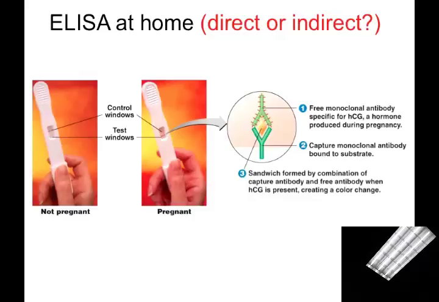Okay, so what we have is a piece of paper to which is fixed our monoclonal antibody, and we're looking for whether or not this person has antibodies against a hormone that's made during pregnancy. So on this strip we have the antibody and the hormone, and we're asking if in the urine we have these antibodies.